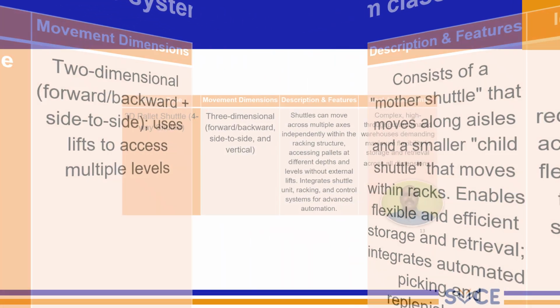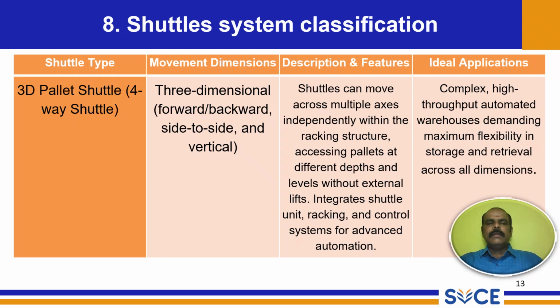Then the next is the 3D pallet shuttle, that is, the four-way shuttle. Three-dimensional: forward, backward, side to side and vertical. That means in the earlier case, two different pallets were integrated together. Now the same system will do three activities.